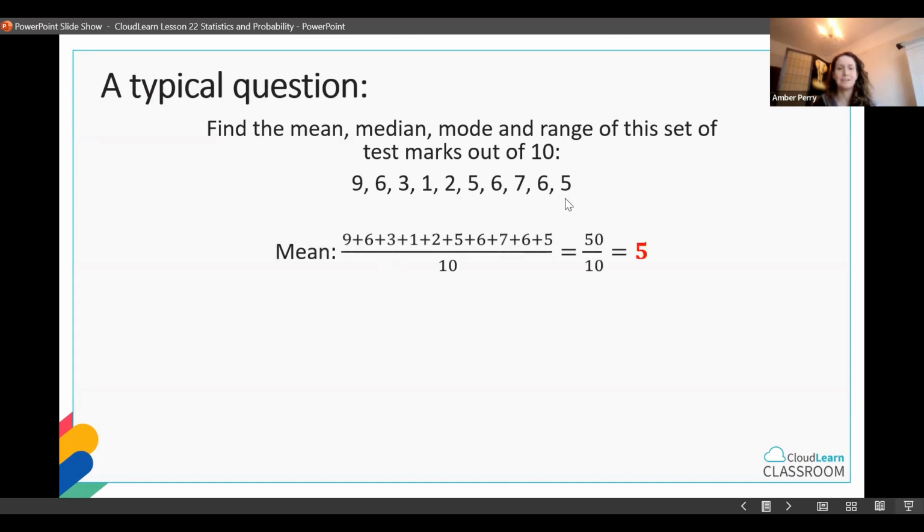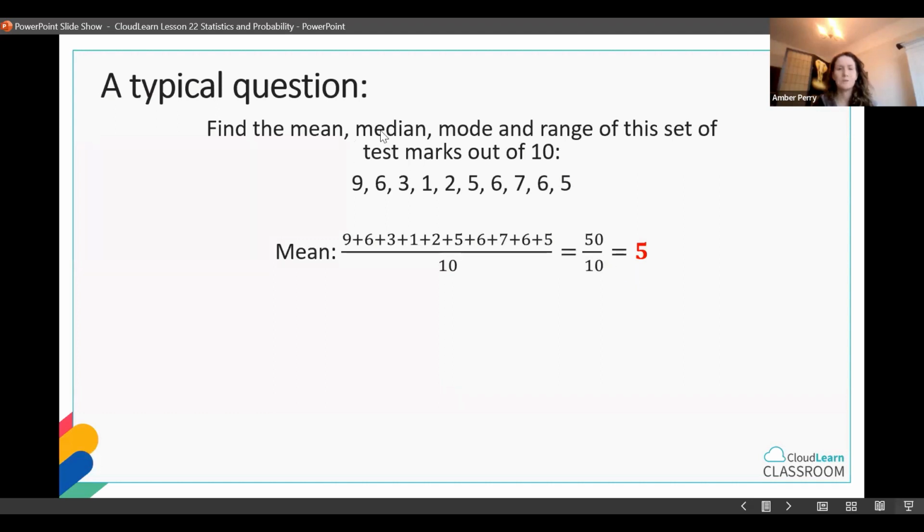So there are 10 bits of data, okay? Adding them all up, I'm not going to ask you to do it. I'm just going to go through the how-to today. So adding them all up, you get 50, dividing by how many there are. So dividing by 10, 50 divided by 10 is 5.